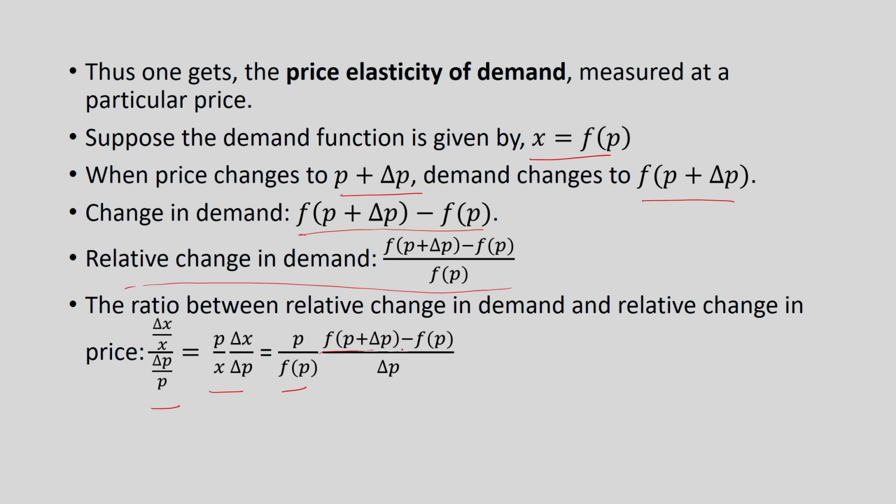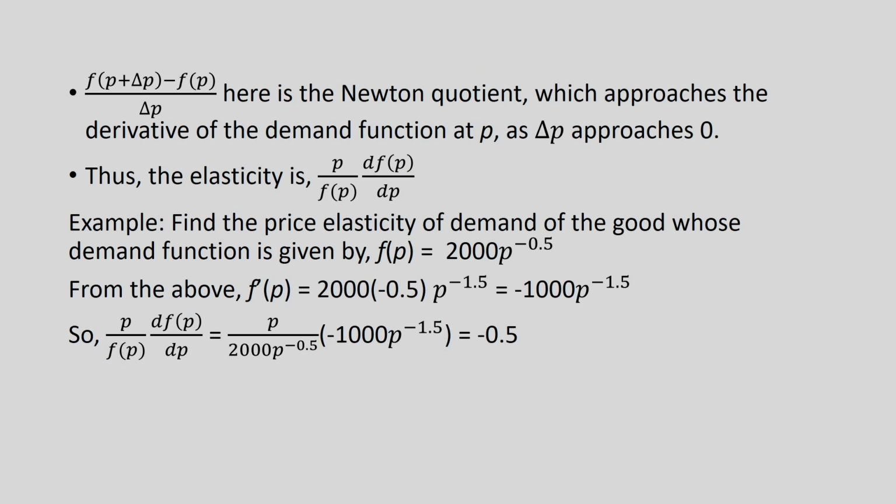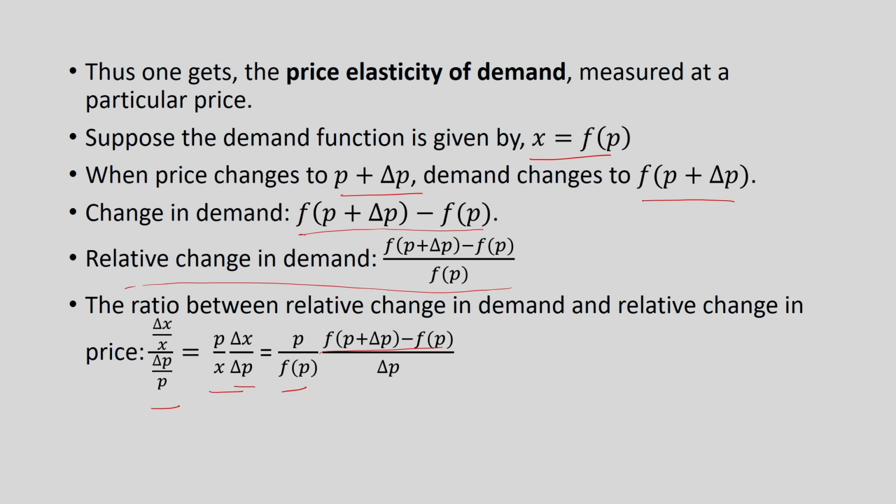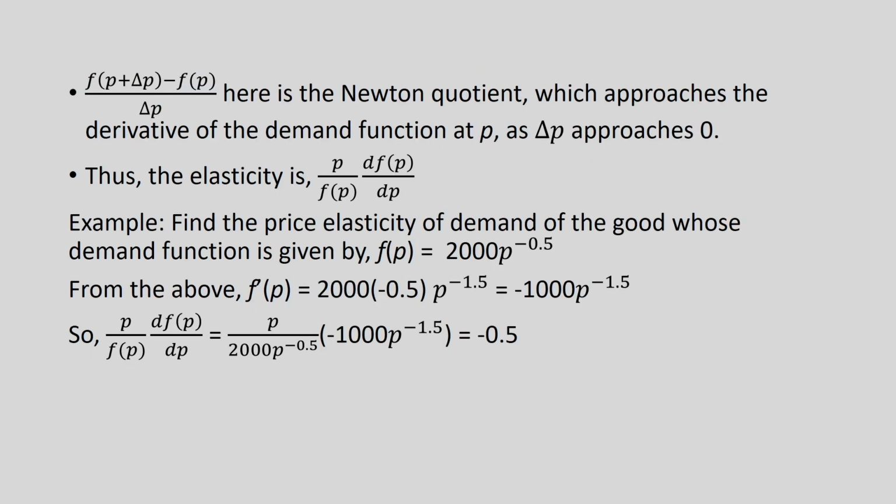Change in demand is this. Now, this second term here is nothing but the Newton quotient. f of p plus del p minus f of p divided by del p here is the Newton quotient, which approaches the derivative of the demand function at p as delta p approaches 0.